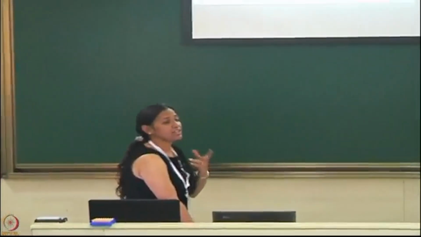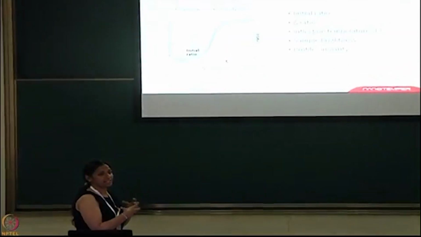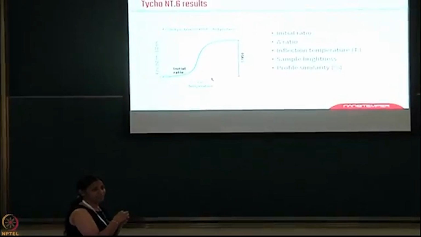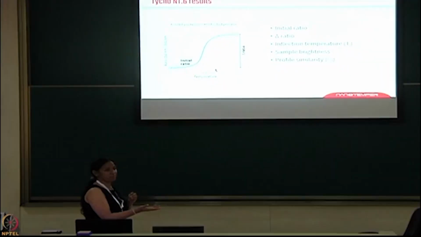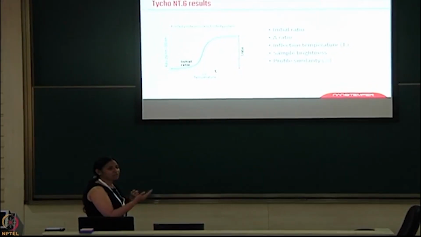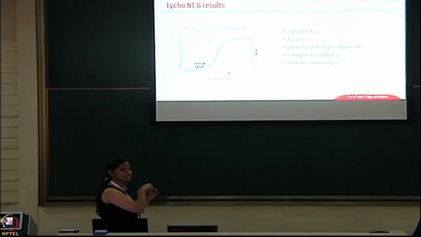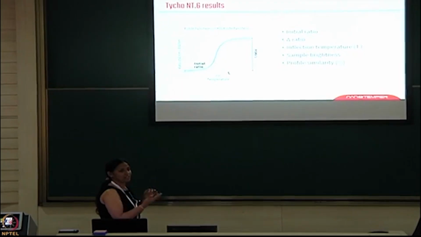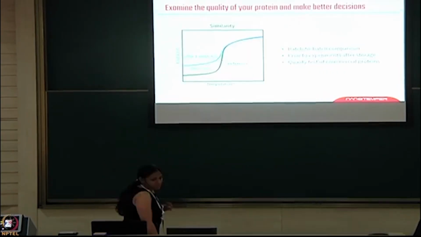And then protein profile similarity: if you have a reference sample of your protein, that can be taken as a standard protein sample, and then when you are going batch to batch, or doing freeze thawing, you can always take that as a reference sample and cross check the other batches, or the freeze thawed ones, and check how much it has denatured or how much it has changed.